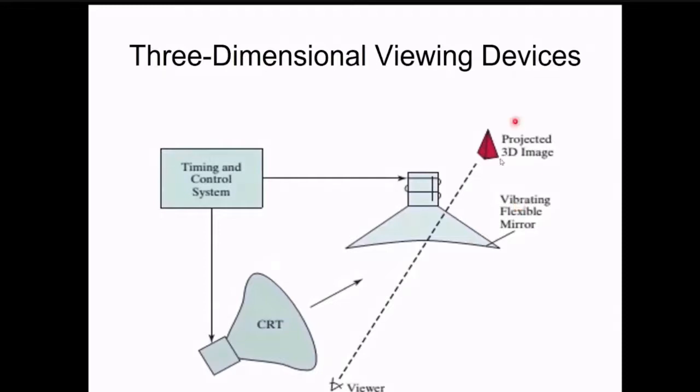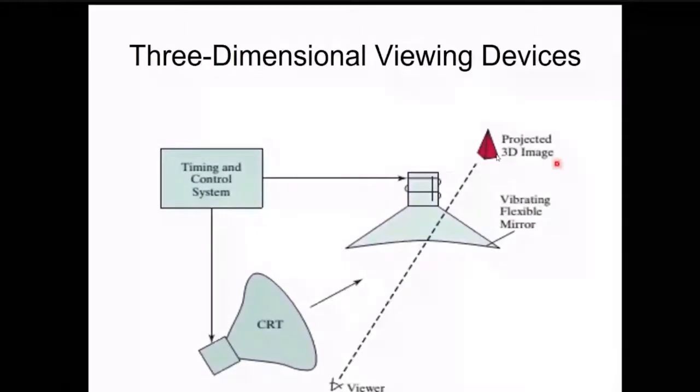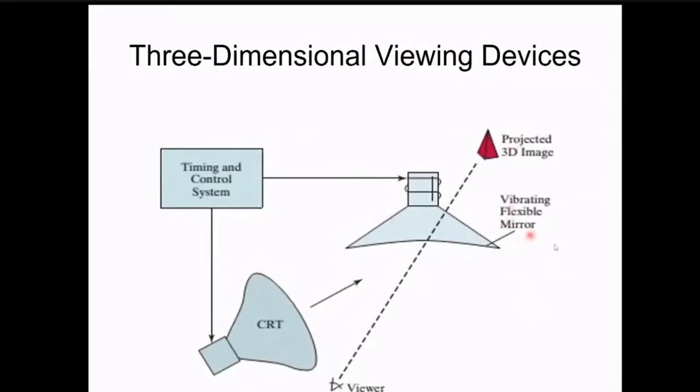So what it will do is it will try to change the focal length of the object that you are seeing. If you know that the larger the focal length you have, the depth of the image will change based on the focal length of that particular image.